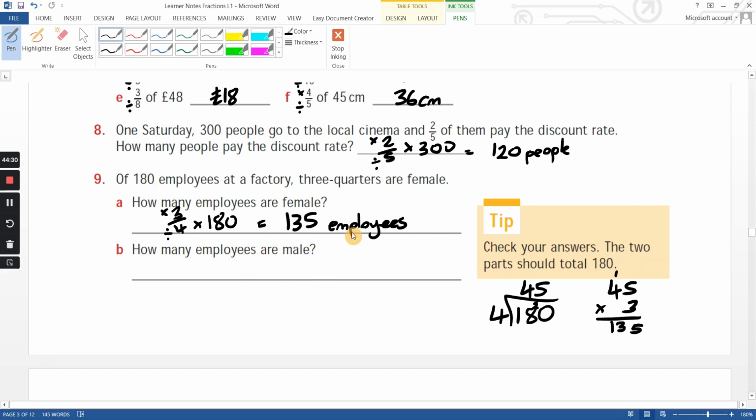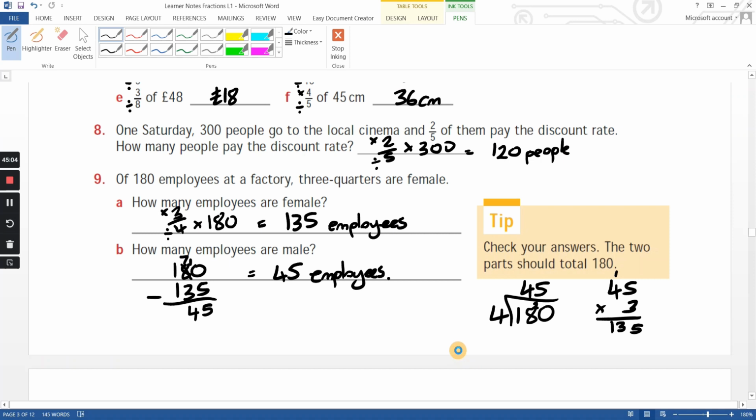Well, if you know 135 employees are female, the rest must be male. So that's 180 take away 135. This is one way of doing it. You could probably do it differently. And 7 take away 3 is 4, so it's going to be 45 employees.